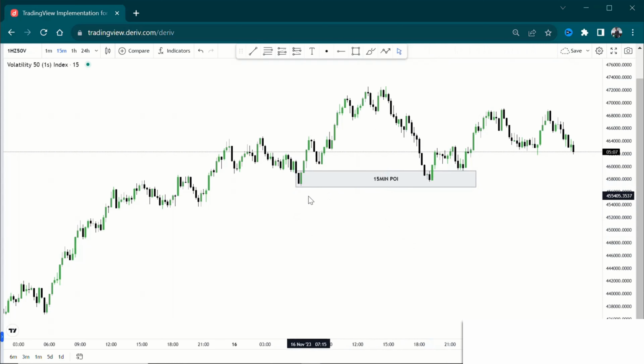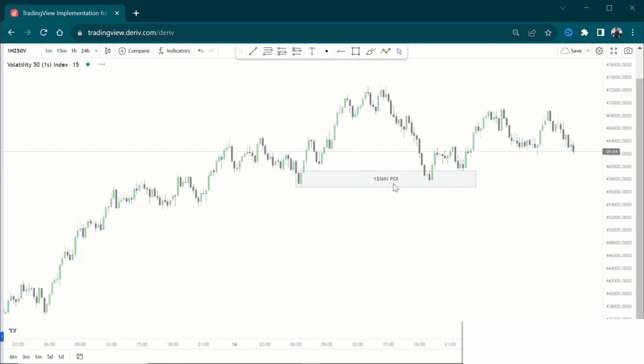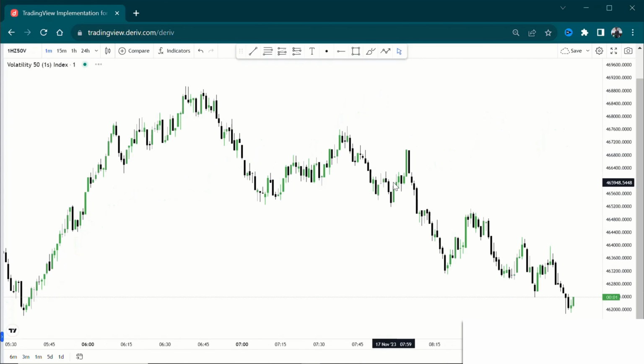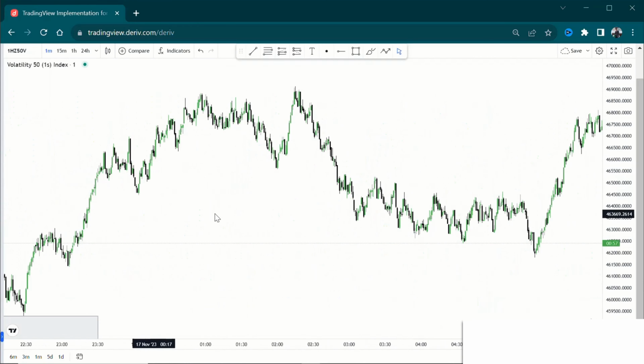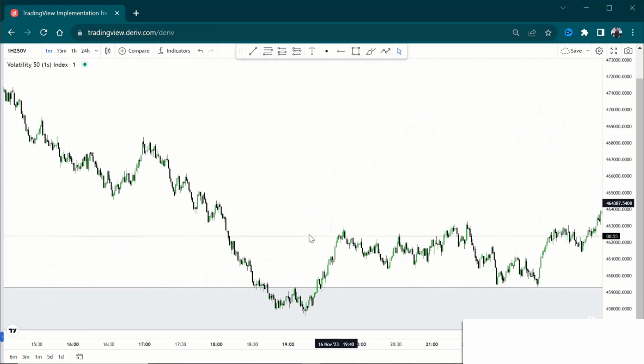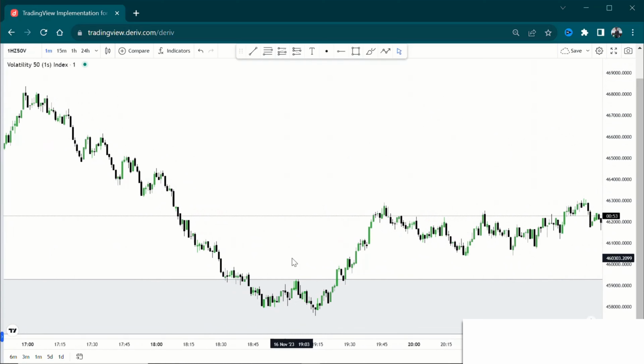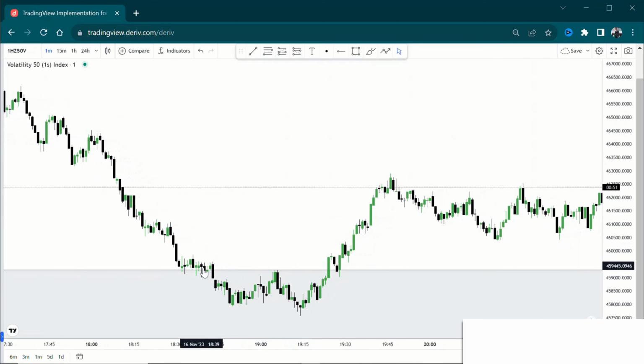So when you mark your POI like that, you go down to 1 minute and start looking for an entry setup. The moment the market reaches this level, on my desktop MT5, I set alerts.